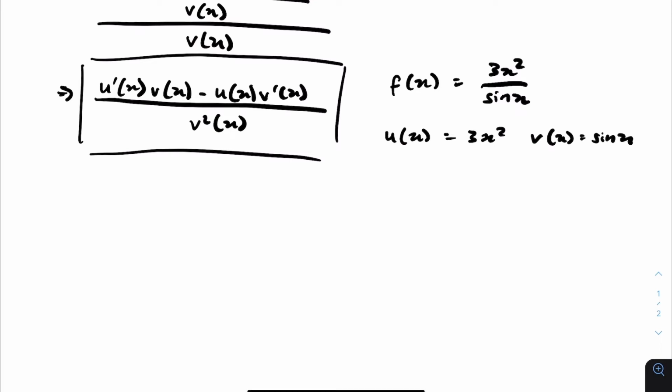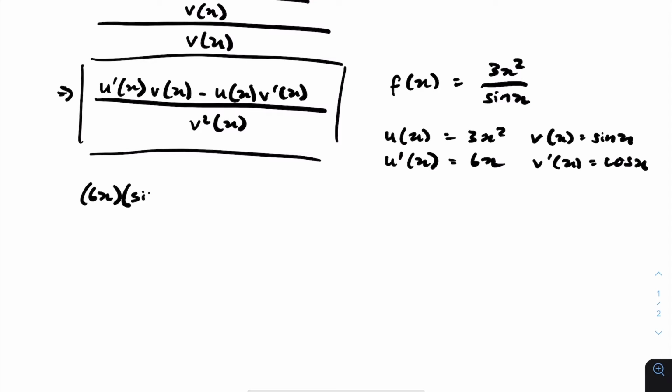So first thing we should do is find the derivative of them. So the derivative of u of x is equal to 6x, and the derivative of v of x is equal to cos x. So now let's just substitute that into the quotient rule equation, which we have proved. So first we put u prime of x, which is 6x, multiply that by v of x, which is sine x, minus u of x, which is 3x squared, times v prime of x, which is cos x.